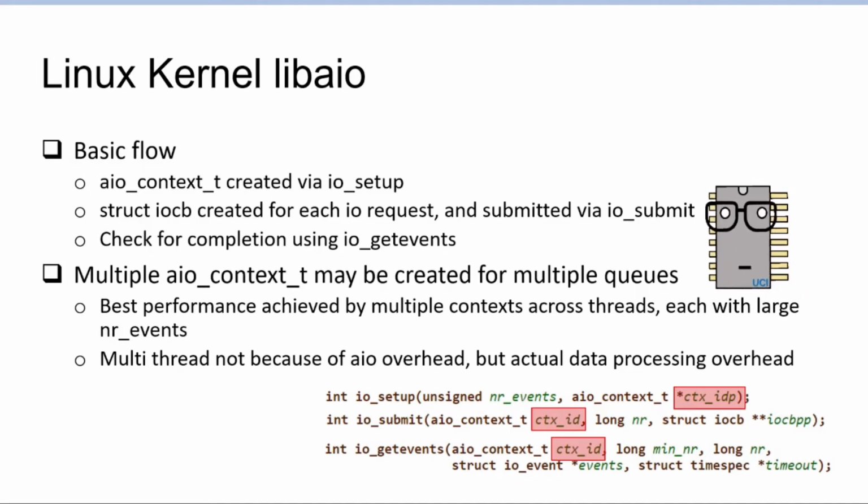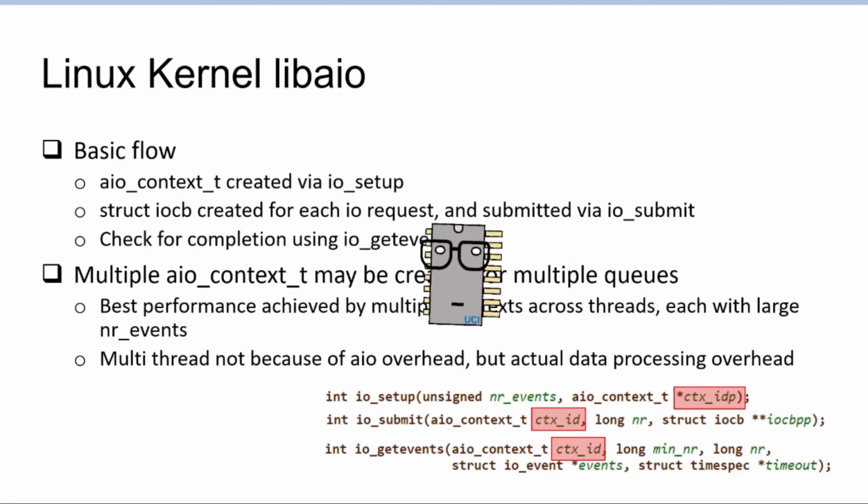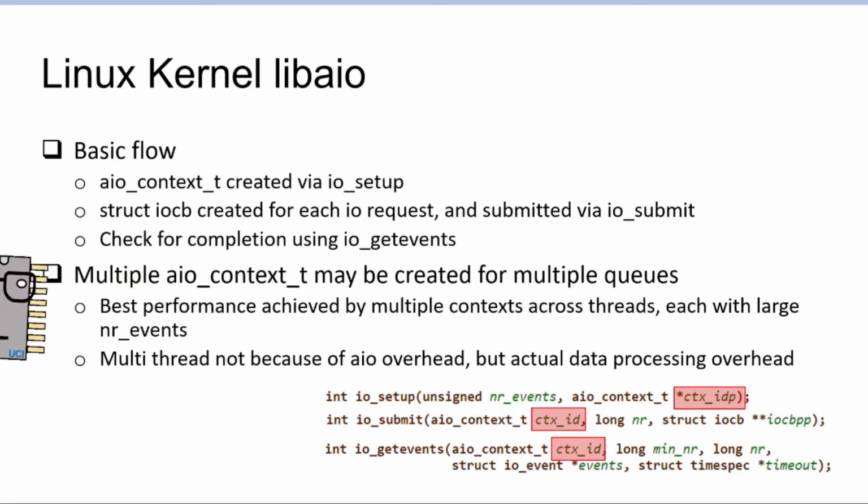And later, you can poll or periodically check if any of the requests you previously sent has been completed by using io_getevents. And you don't have to always use one AIO context for everything. You can create multiple AIO contexts if you want to have multiple different, semantically different queues.